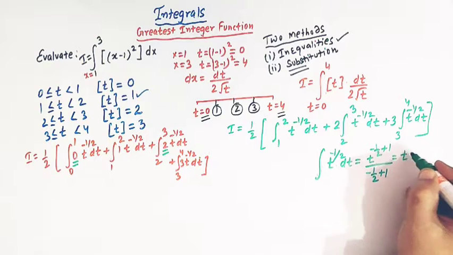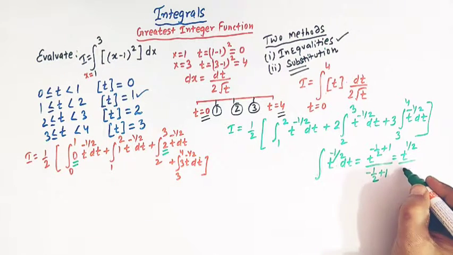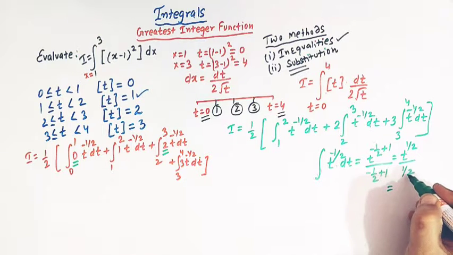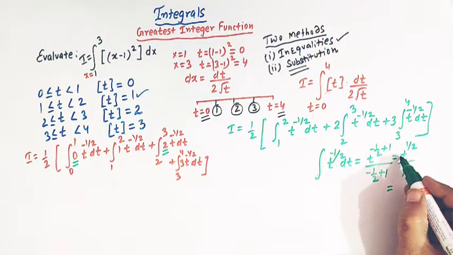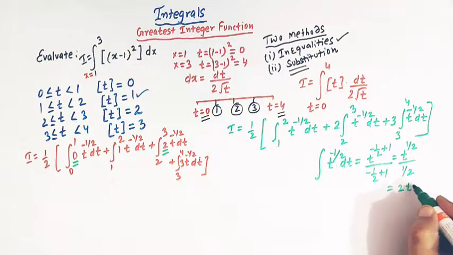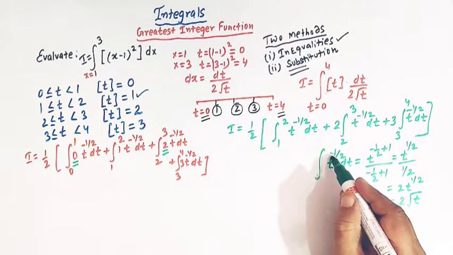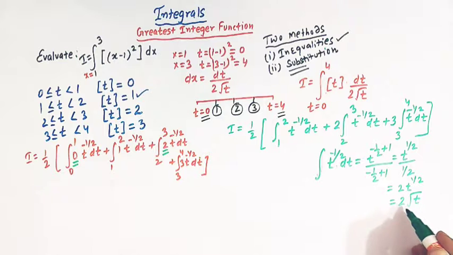So this is t raised to half divided by half, since minus half plus 1 is half. So this 2 can be taken to the numerator, so we have 2t raised to half, which is 2 times the square root of t. So the integral of t raised to minus half dt is equal to 2 times the square root of t.